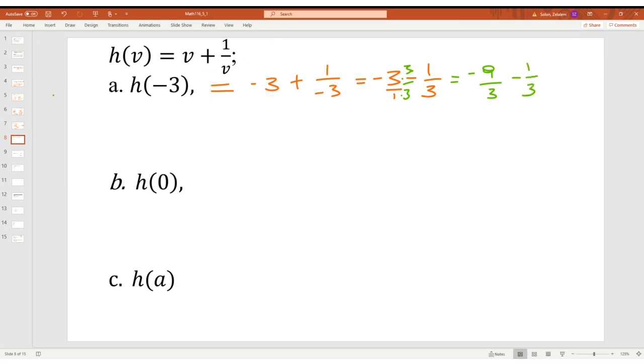Now 3 is common, so I'll take out the common denominator. Then -9 minus 1 is -10. Over 3 will be the function value at v equals -3. Okay, so I hope this makes it clear how to subtract.